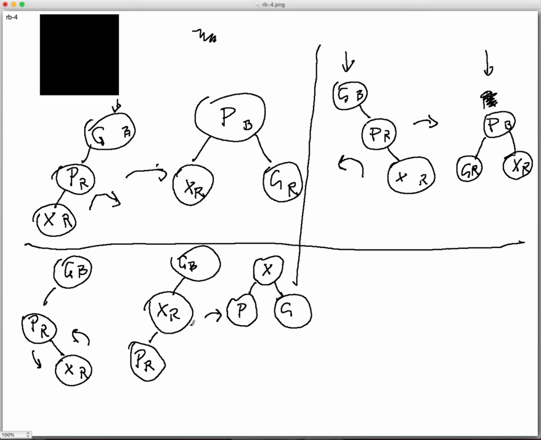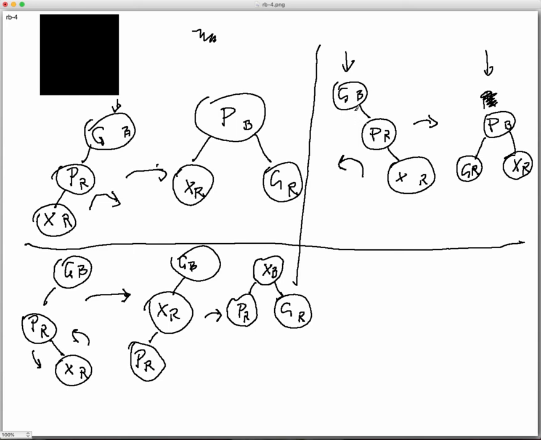And what happens is X becomes black, and the grandparent becomes red, and the parent already was red. Everybody get it? So what we do over here is we first do this transformation, and now this becomes this situation over here.